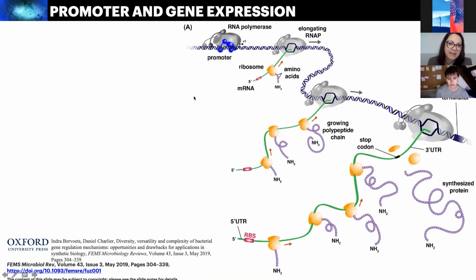So the RNA polymerase binds in the promoter, opens the double strand, and while the mRNA is being synthesized, the ribosome comes and starts the protein production. So it's a very dynamic process, and it's not possible for the bacteria to make some useless product.